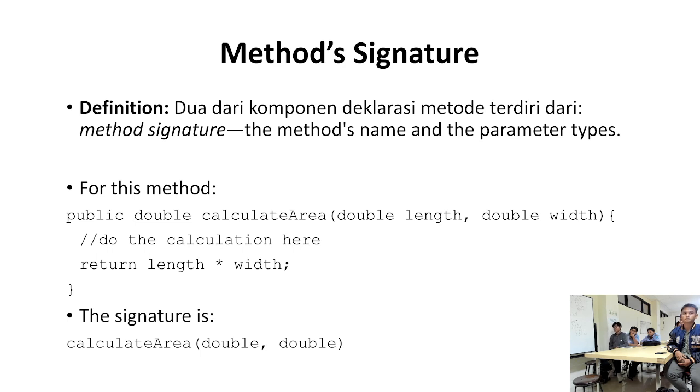Method signatures. There are two important components when you declare methods. There is the method signature: what is the method's name and the parameter types? For this method, public double calculateArea, the signature is calculateArea double.